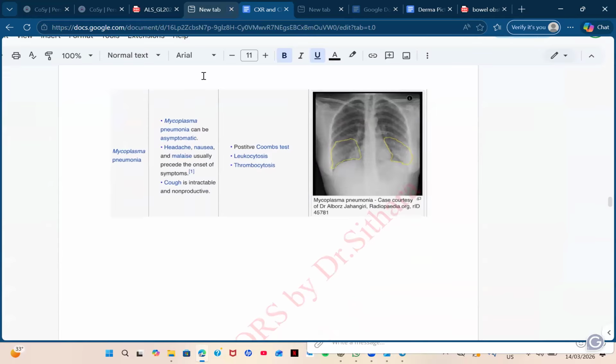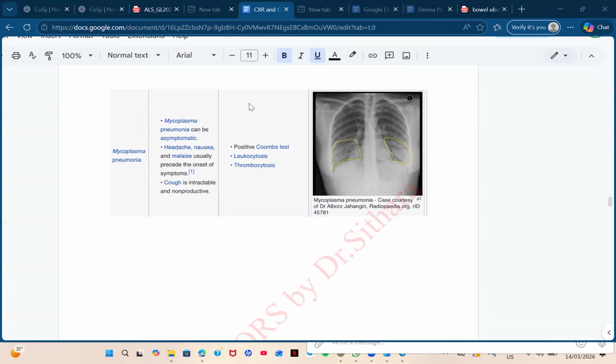So tell me, what are the clinical features of atypical pneumonia? Dry cough, low grade fever, headache, and there can be atypical symptoms, like diarrhea, headache, confusion.